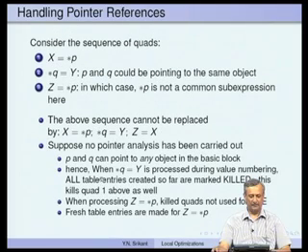Pointers are very similar. So, consider x equal to *p, *q equal to y, and z equal to *p. So, p and q could be pointing to the same object, you do not know, at runtime this can happen.